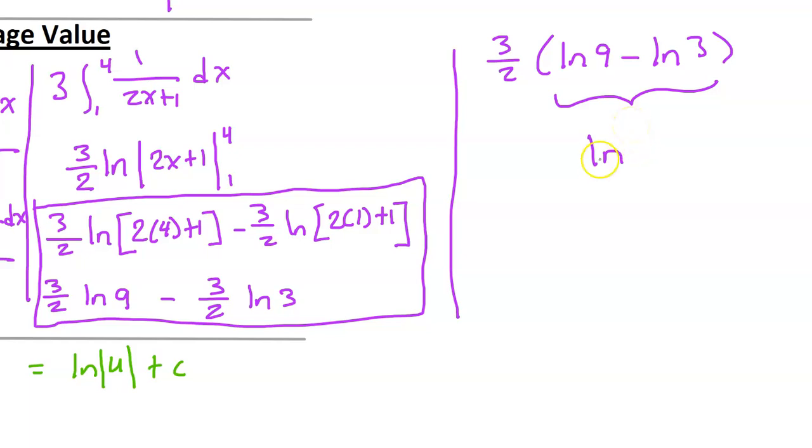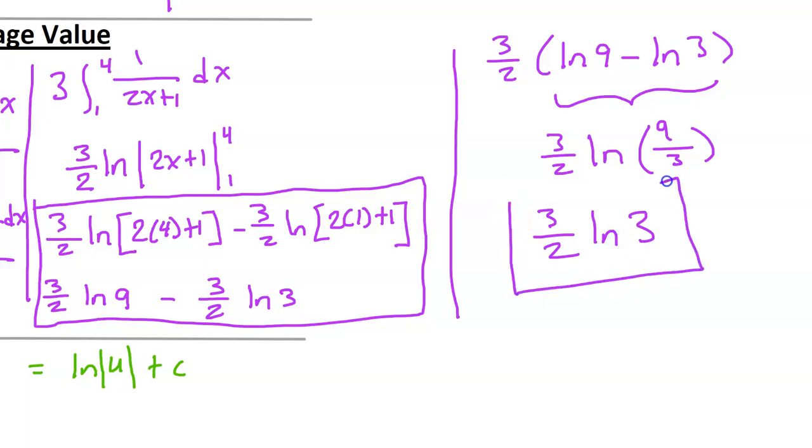So natural log of 9 minus natural log of 3 is the same thing as the natural log of 9 divided by 3. I still have the 3/2 in the front. Of course, 9 divided by 3 is 3, so this would be 3/2 times the natural log of 3. This is the version of the answer that you would find on a multiple choice question, so you better know how to get it.